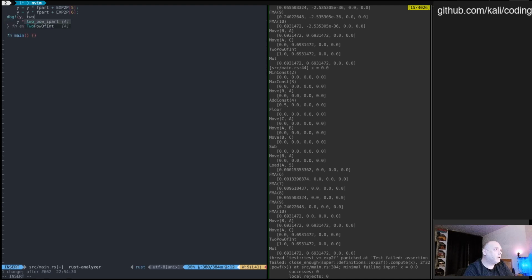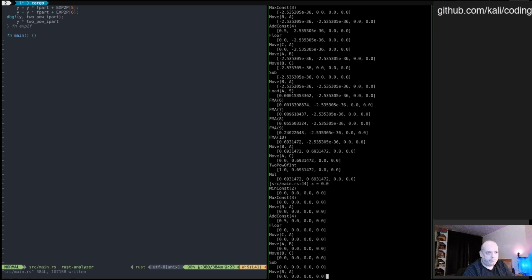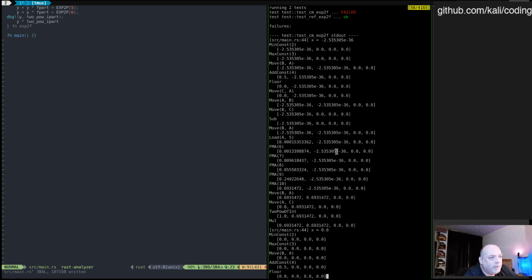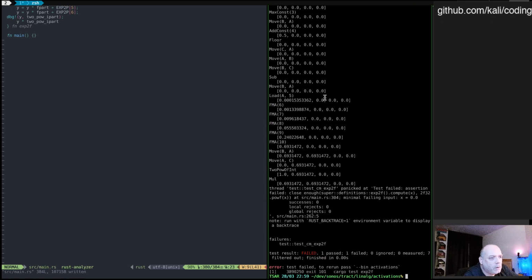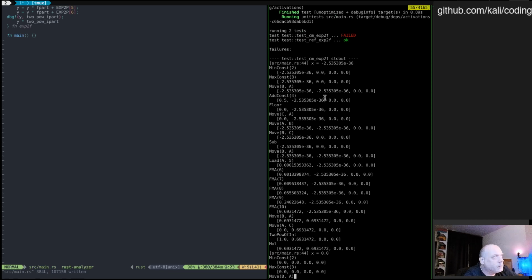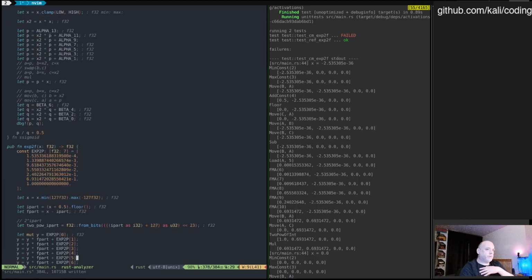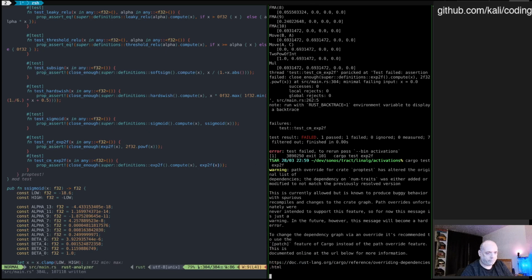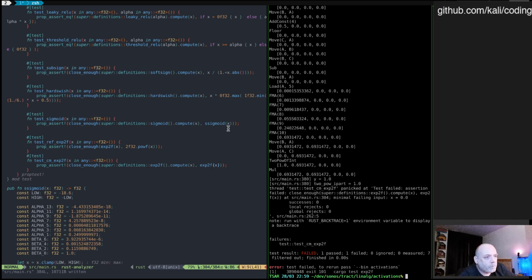Y and 2 power of I part. So it's the x equals 0. Where is the debug? Yes, because I'm not calling the right function here. I mean, I'm not calling the reference implementation. So exp2f of x. So y is 1 and 2 parts is 1.